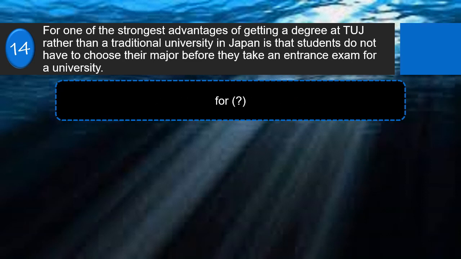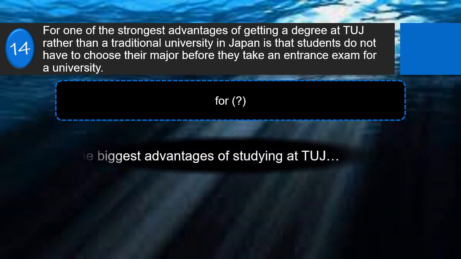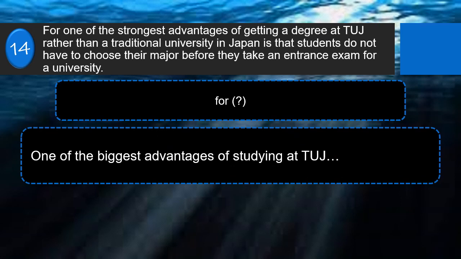For one of the biggest advantages, I really don't know why for is being used here. Possibly it's being used to connect to a previous sentence, like because. Whatever, it's unnecessary. So just get rid of it. One of the biggest advantages of studying at TUJ.